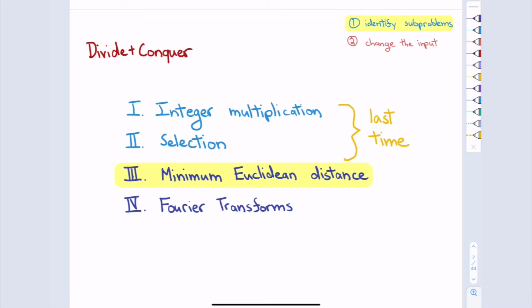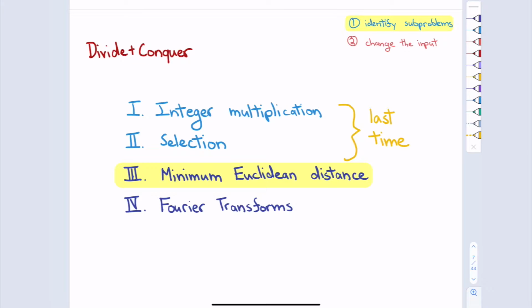One has to do with finding the minimum distance among a bunch of points in a plane. The other is this fancy thing called Fourier transforms. I'll explain that when we get there. That probably will have the most mathematical definitions, which is a little annoying, but it is actually probably the most useful thing that I'll present this week in real life.